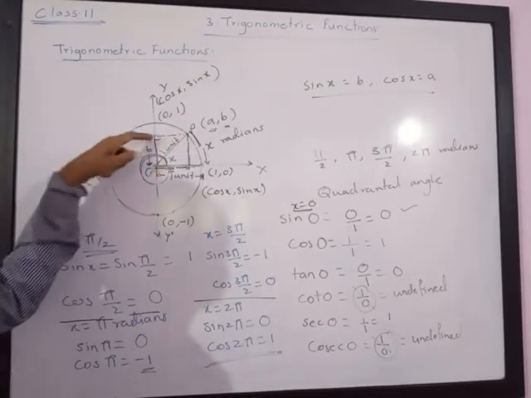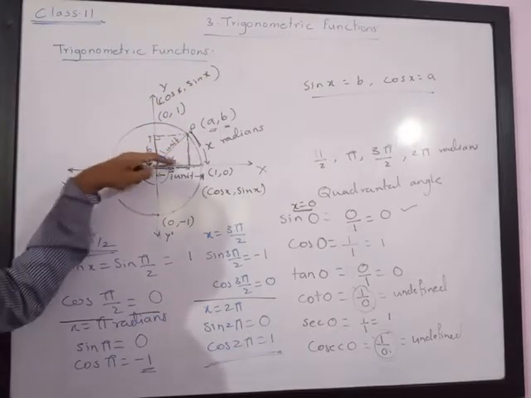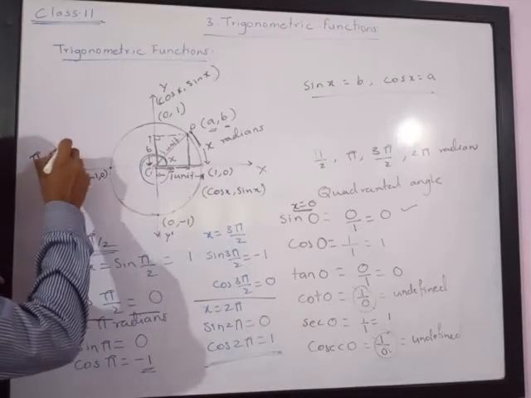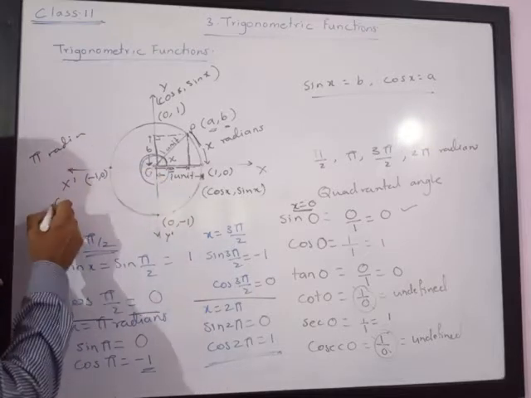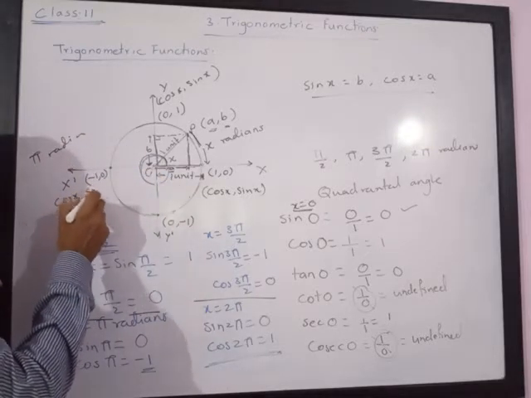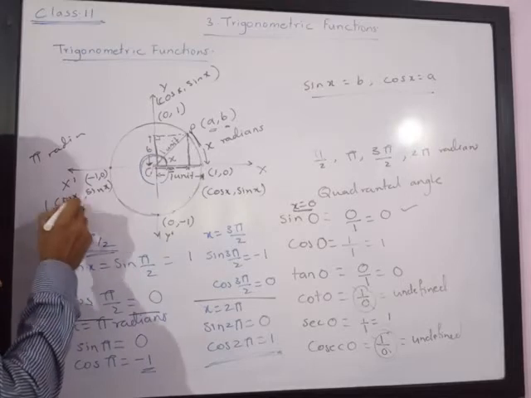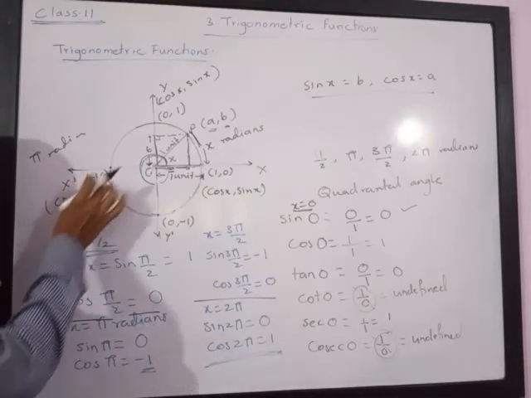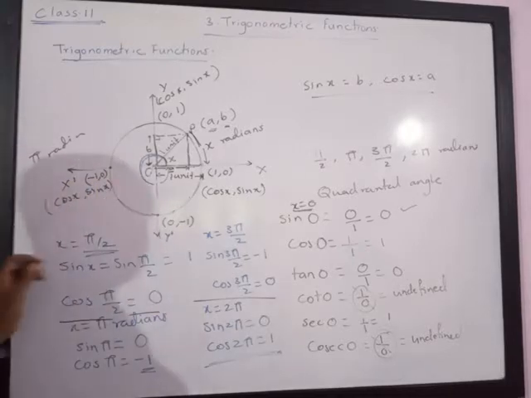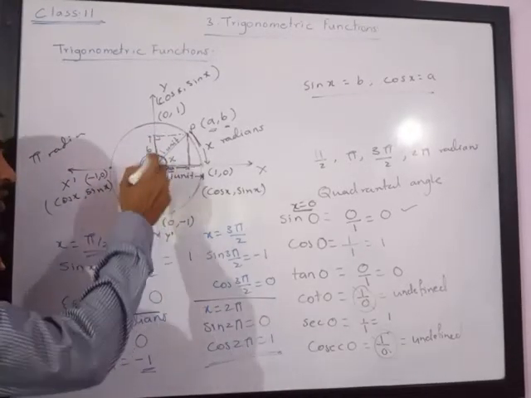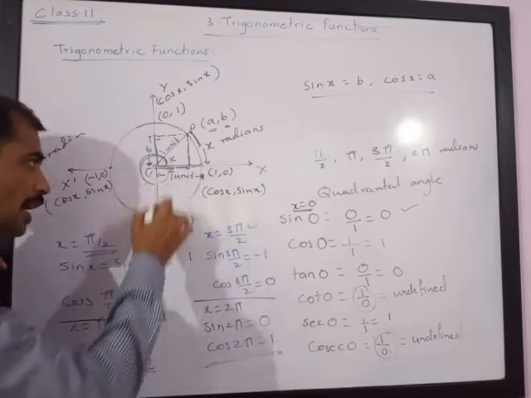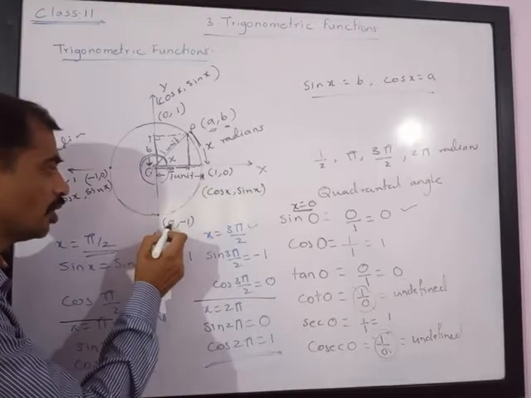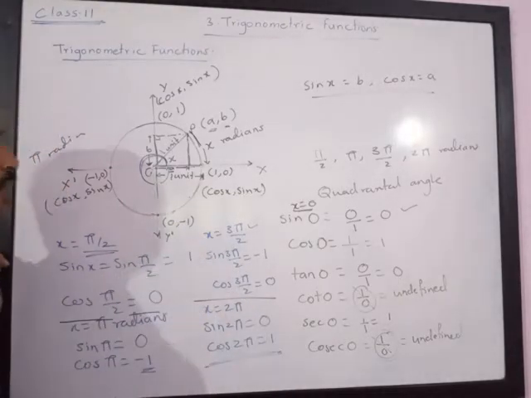When the angle is 180 degrees or pi radians, you will get cos x is equal to negative 1 and sin x is equal to 0. The reason is that the x coordinate represents cos x and the y coordinate represents sin x. When you go to 3 pi by 2, that is 270 degrees, cos x is equal to 0 and sin x is equal to negative 1.